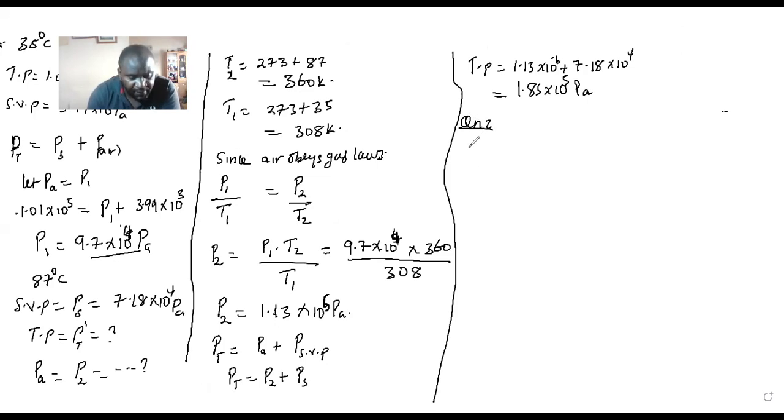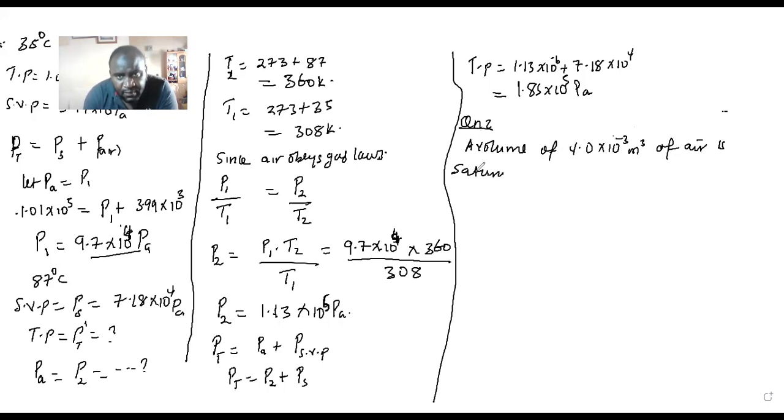It says, a volume of 4.0 times 10 to the power -3 meters cubed of air is saturated with water vapor. It's saturated with water vapor at 100 degrees Celsius.